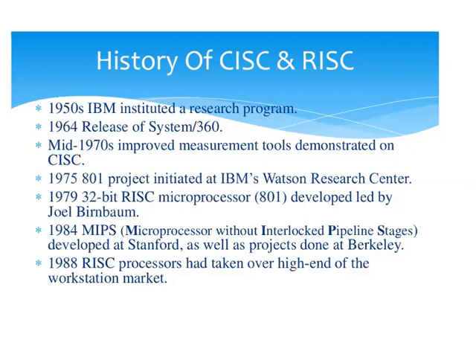So again in 1979, they pursued some research and invented a 32-bit RISC microprocessor by Joel Greenbaum. In 1984, MIPS, one of the famous RISC architectures, which stands for microprocessor without interlocked pipeline stages, was developed at Stanford, as well as a project done at Berkeley.